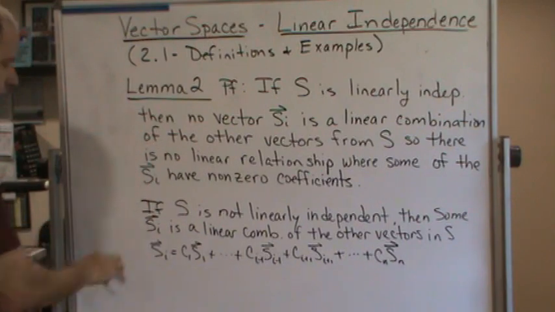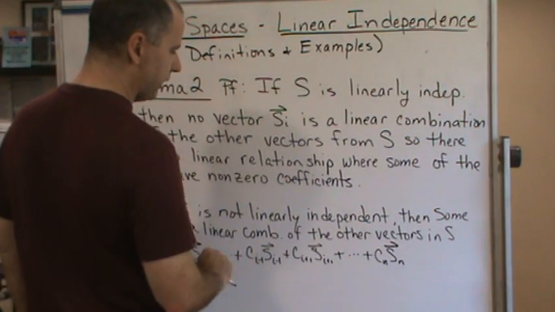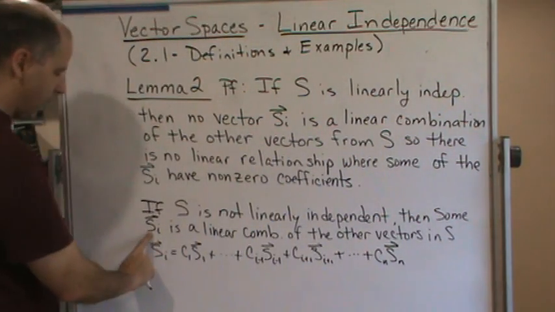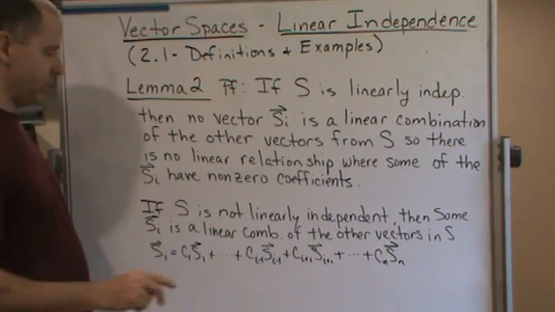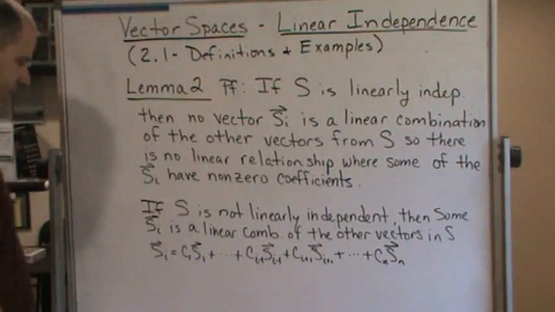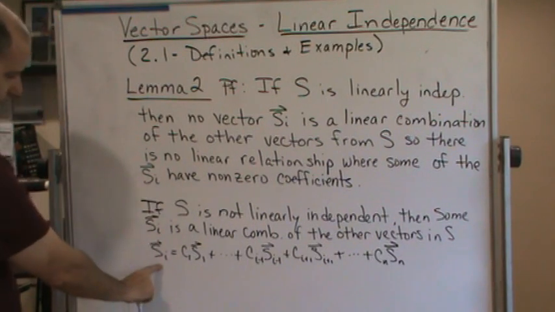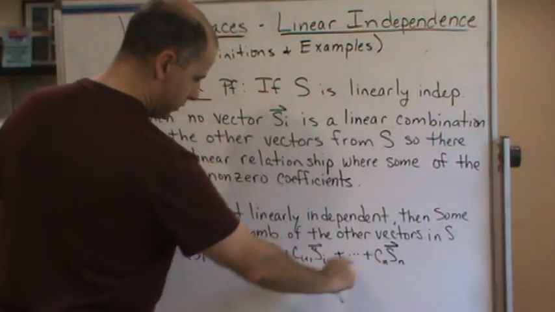Okay, so let's start. If S is not linearly independent, then that means that some S sub i is a linear combination of the other vectors in S. In other words, we can write S sub i as this linear combination here.